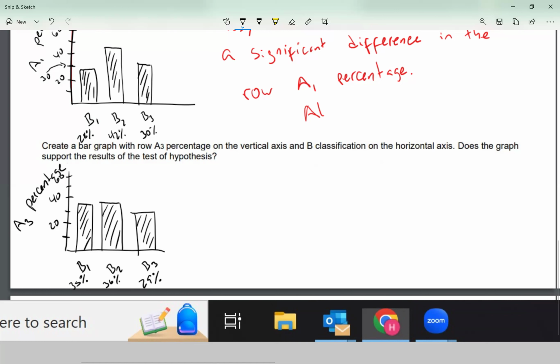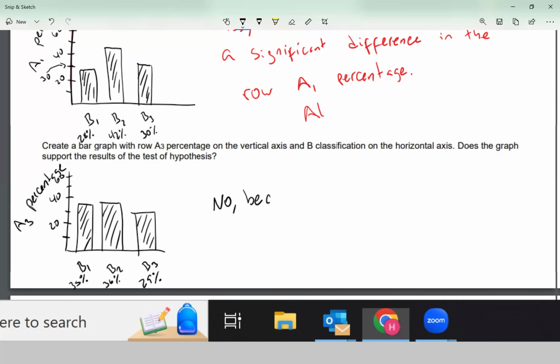I know B3 is the shortest and B2 is the tallest, but they're pretty close, right? They're not that off. So I'm going to say no. In this case, no, because my bars seem to be pretty close.